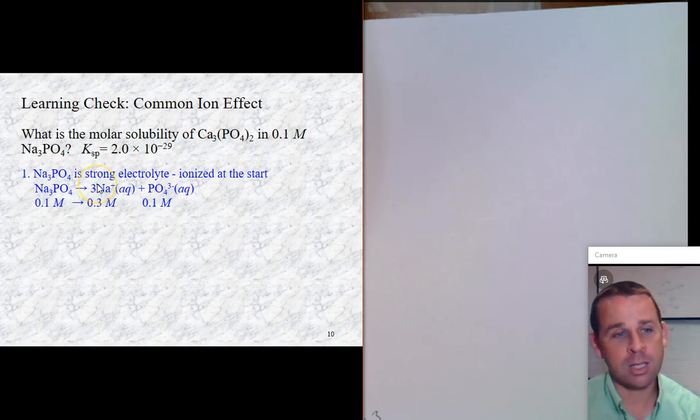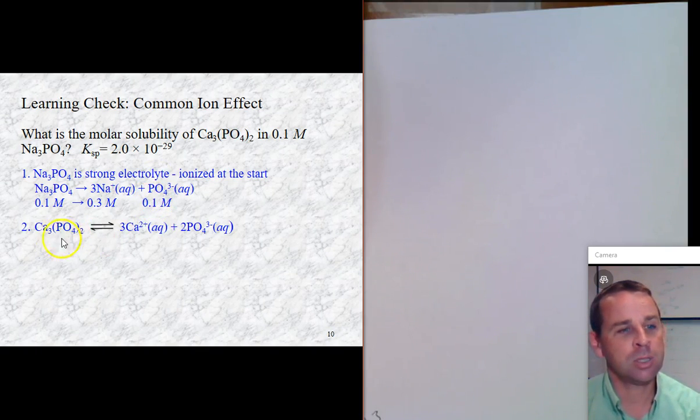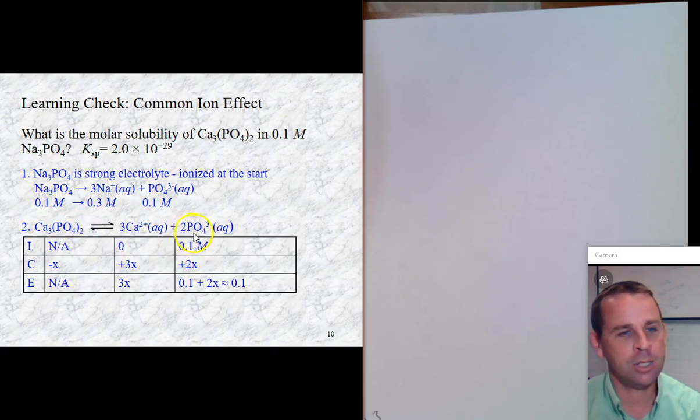Sodium's not the ion to be concerned about here because it's not in the ice table of the dissociating of the calcium phosphate, but the phosphate ion is in the ice table. So the 0.1 molar solution of phosphate is going to be utilized in the calcium phosphate ice table as the initial concentration of the phosphate ion.